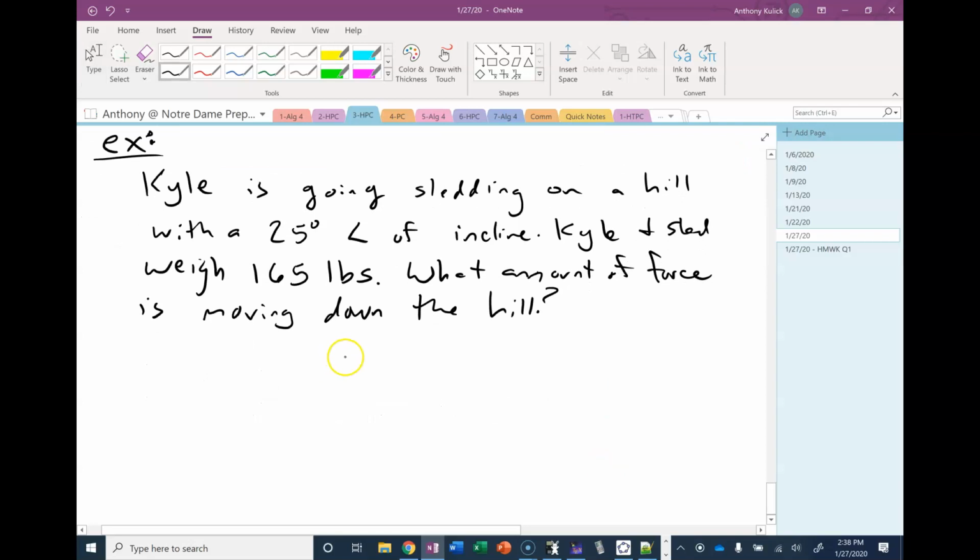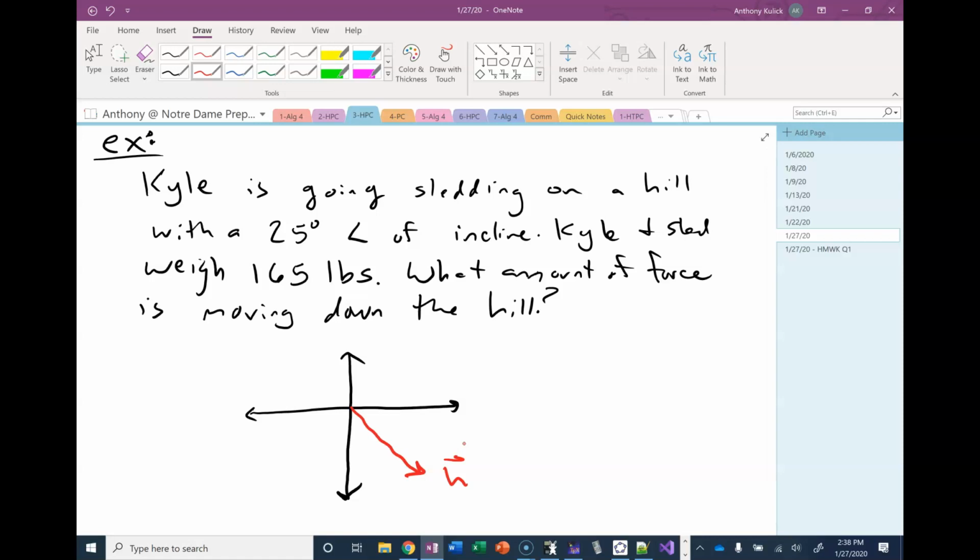So the first thing I'm going to do is sketch a little picture. I'm going to draw a vector for the hill, and I'm going to call that vector H. Because we're going downhill, I'm going to draw my vector like that.